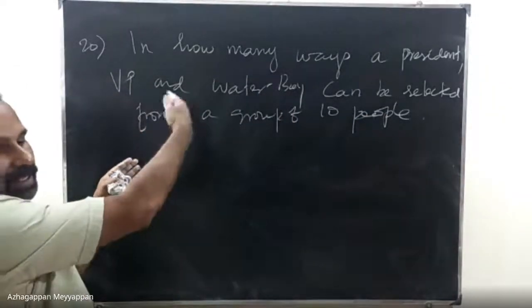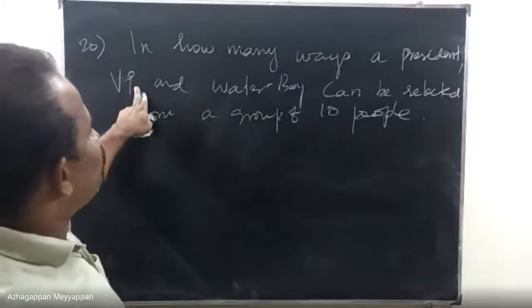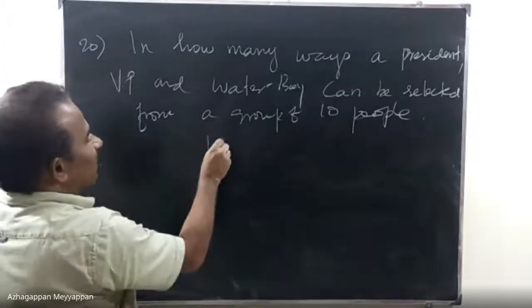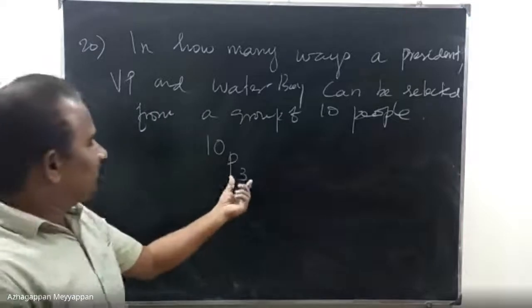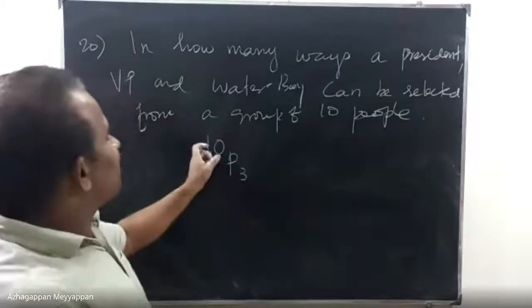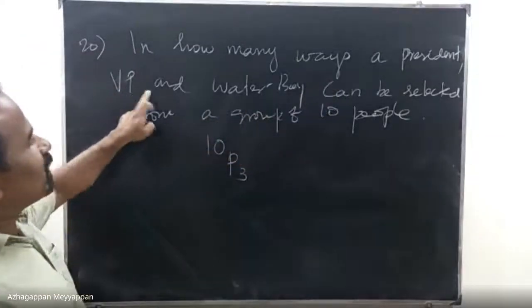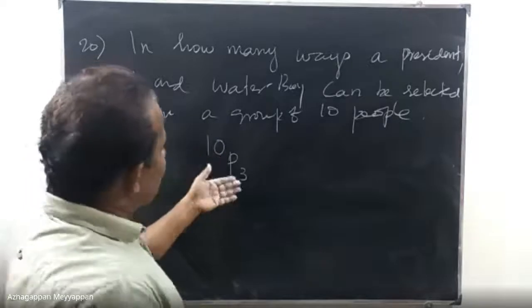In the previous sum there was no order, but here president, VP, water boy have an order. So therefore the answer is 10P3. We have to select 3 and arrange 3 out of 10, and because of president, vice president, water boy, we have an order. Understood? So therefore here it is 10P3.